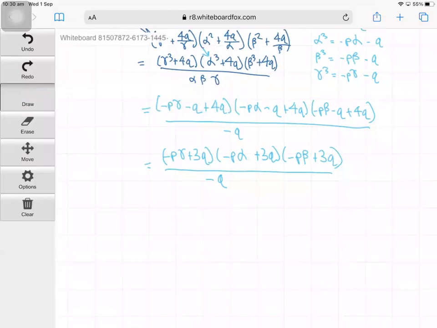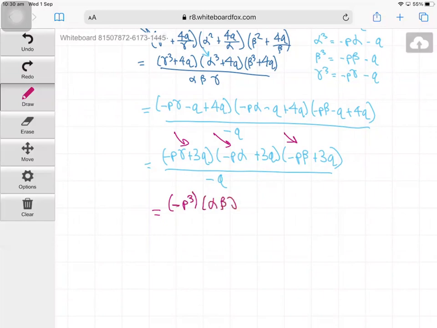Now we can expand this entire thing on the numerator. To expand it, we can do the alpha beta gamma term, which is going to be minus p cubed times alpha beta gamma, by doing these three things multiplied together.